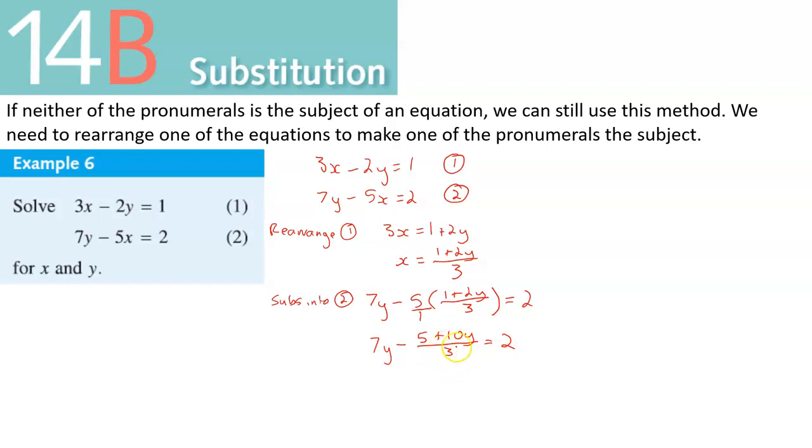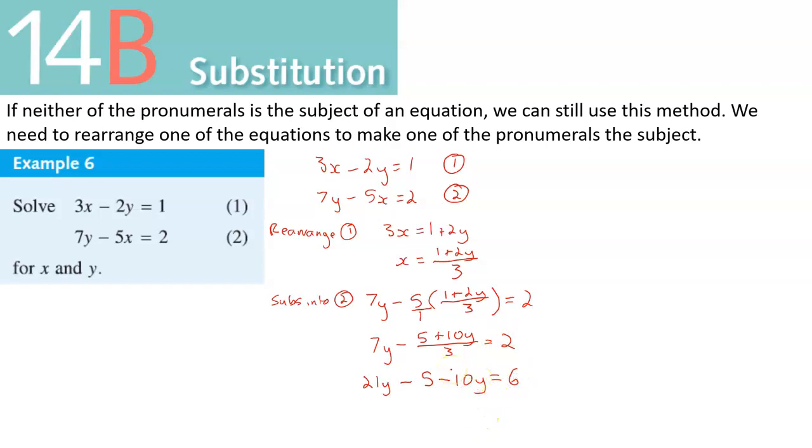Now, I don't like this denominator of 3, so I'm going to multiply everything by 3. 7y times 3 is 21y. My fraction, now I'm subtracting this whole thing, so it's minus 5 minus 10y. And then I need to remember to multiply this side by 3 as well.